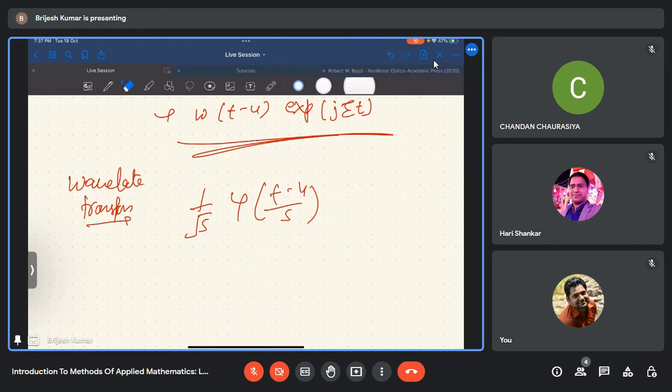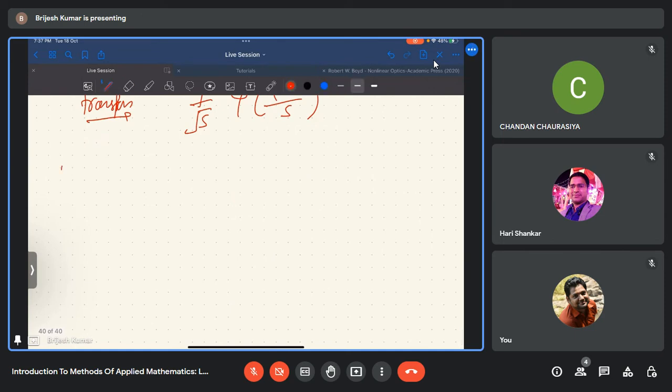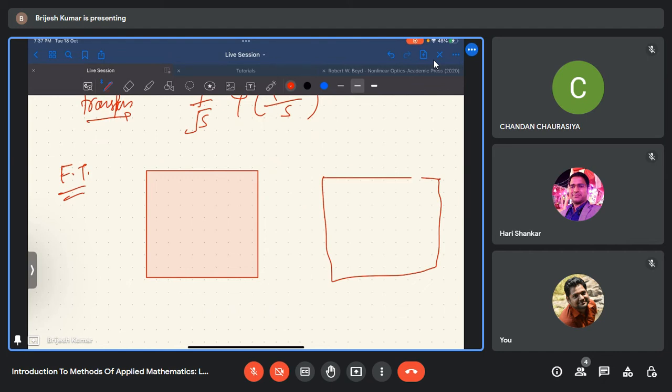Now if we look at the different bases for the transforms, for the Fourier transform we plot the real part of the basis, exponential of j pi t.